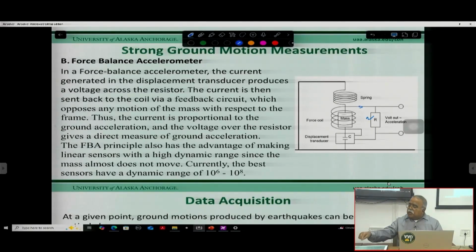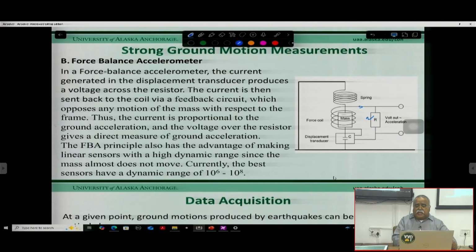If the mass does not move, then the frame movement can register the voltage, and that voltage is actually being measured as an accelerometer, and that can be calibrated as a ground accelerometer, right?